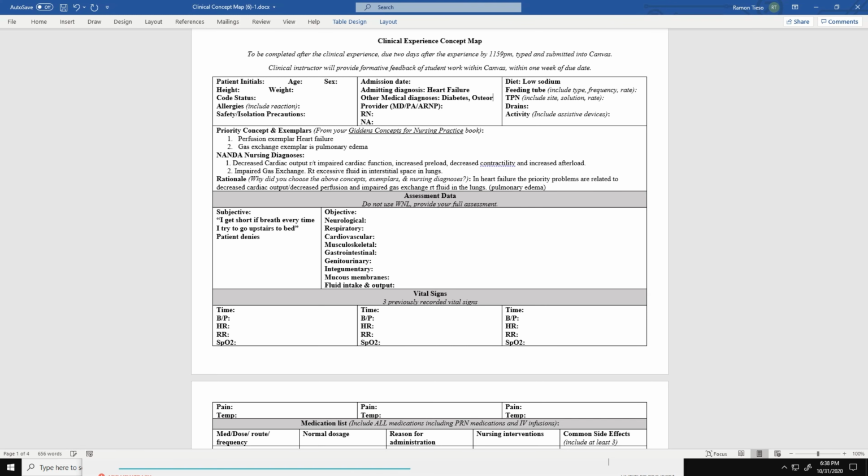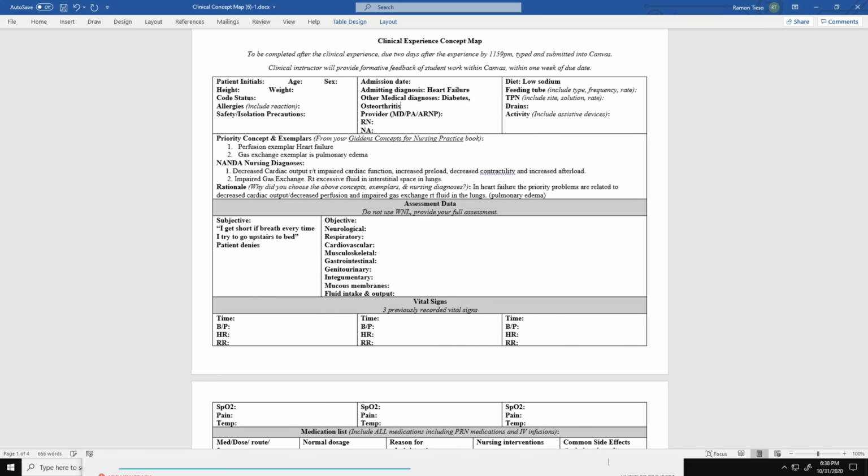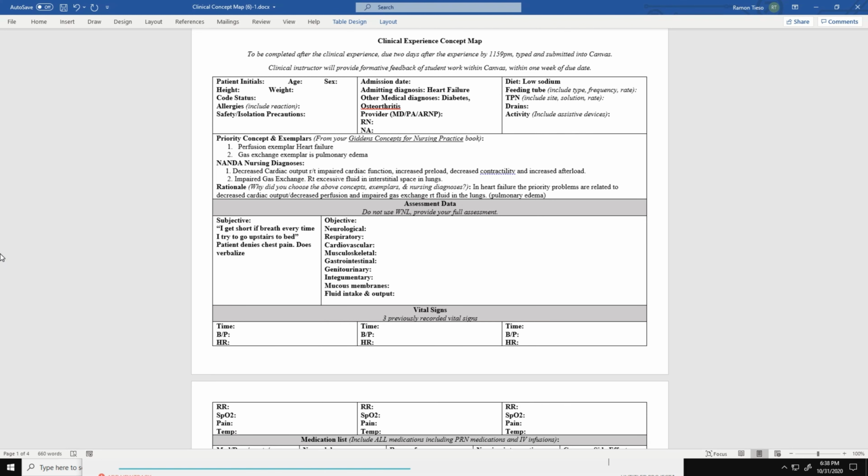Osteo. Right? So we're going to come down here and we can say the patient denies chest pain, does verbalize joint pain.